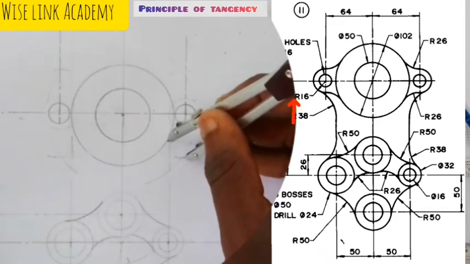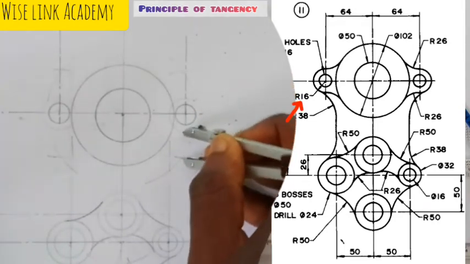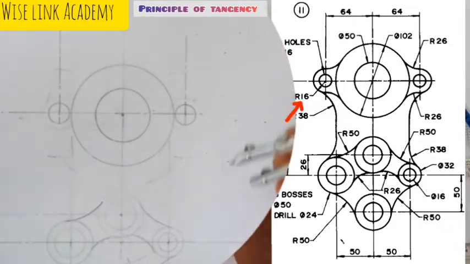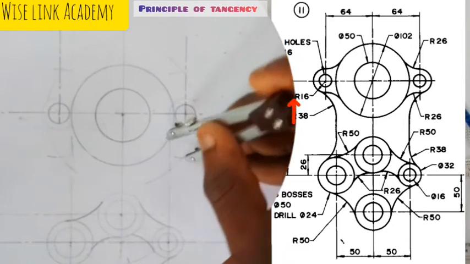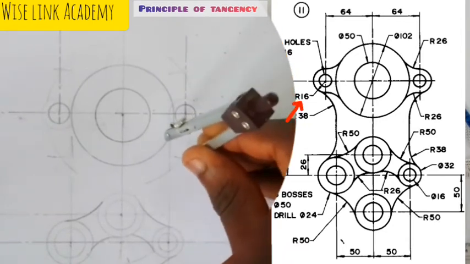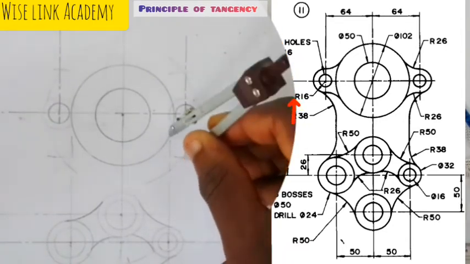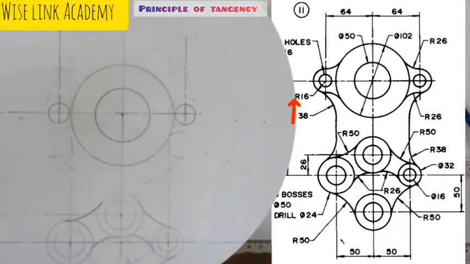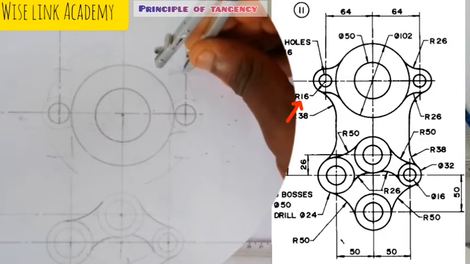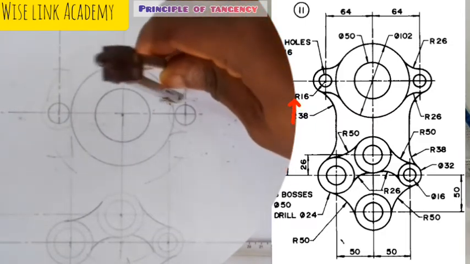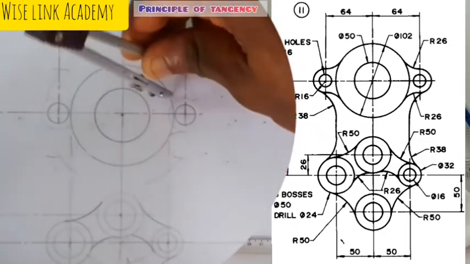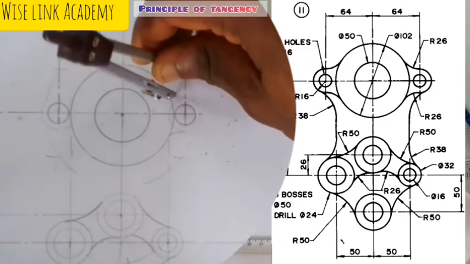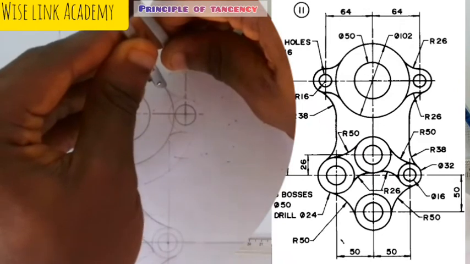Gauge it to touch the two circles. So I will have this. If I gauge it, let's take it this way. I will touch two circles, right? I have this, you can see, right? Come to this point here to touch the two circles, right?